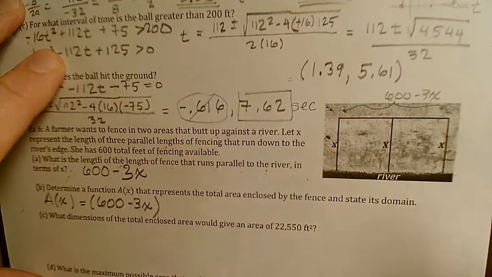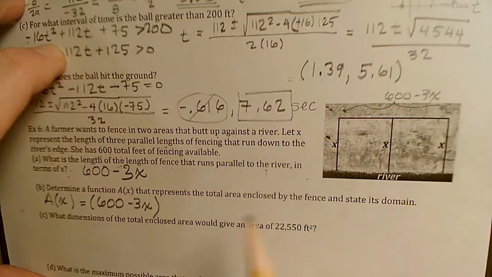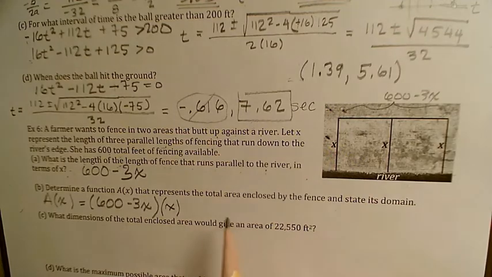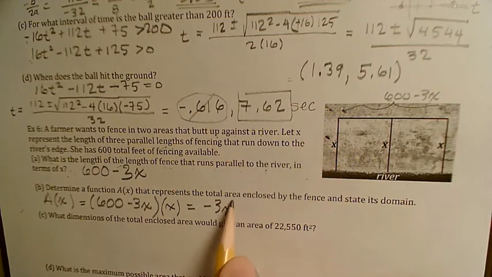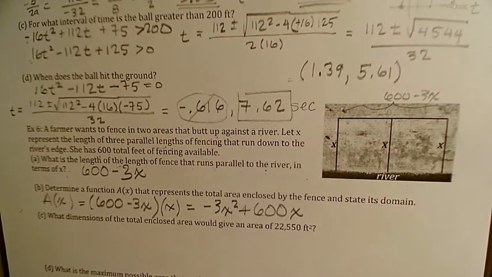It's the total length. We're assuming the thickness of the fence is negligible here. It's essentially 0. Times the other dimension, which is x. And we could certainly simplify that if we wanted to. We could say negative 3x squared plus 600x. And then what could be the domain?